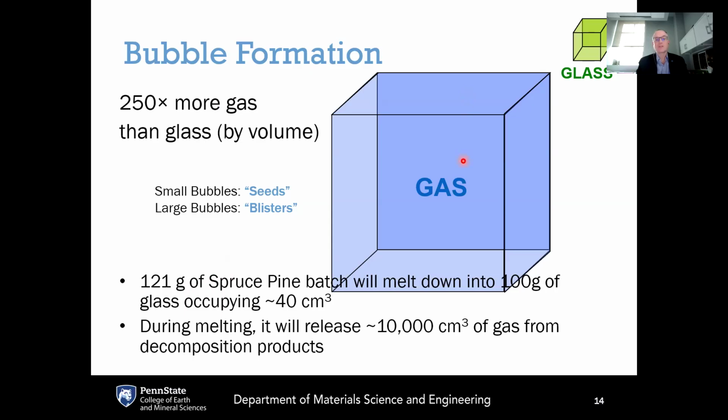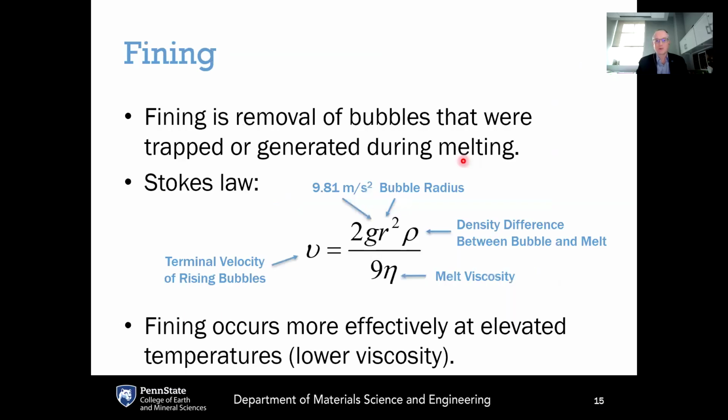And that's a lot of bubbles that need to be removed, a lot of volume of this gas that needs to be removed. And the physics that governs this fining process is really governed by Stokes' law. Stokes' law tells us what is the terminal velocity of a rising bubble in some sort of a viscous fluid.